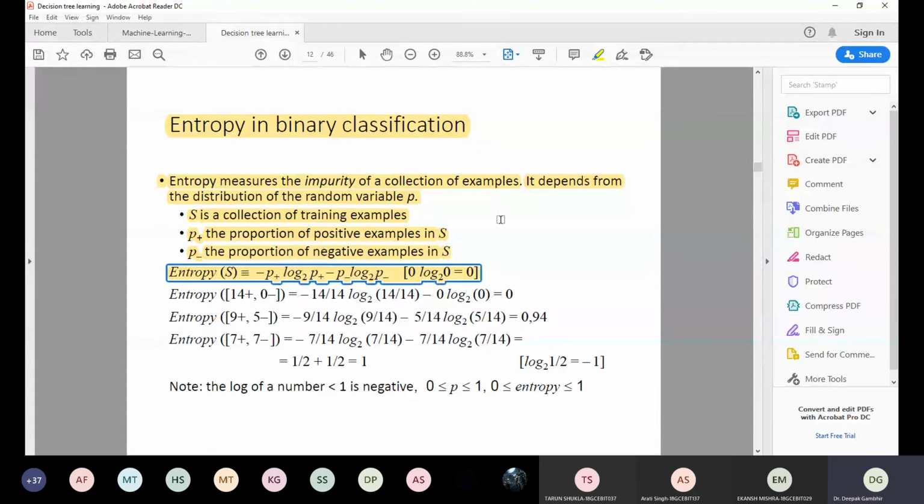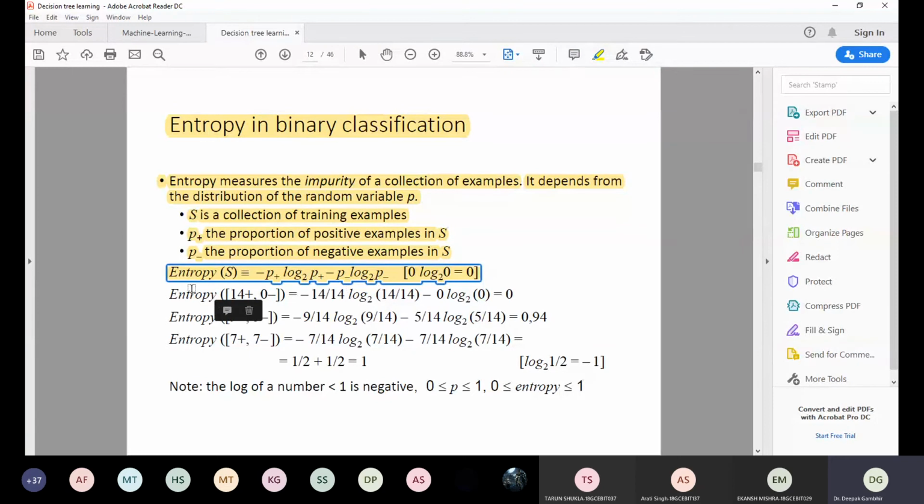But we consider that this log is log to the base 2. This is the definition of entropy that you have already read in communication also, that is also information theory. In the case of 0, the log does not have any effect, the output is 0. That is just an example.